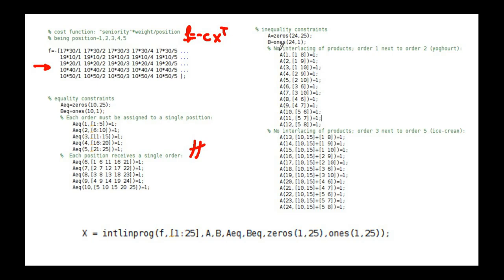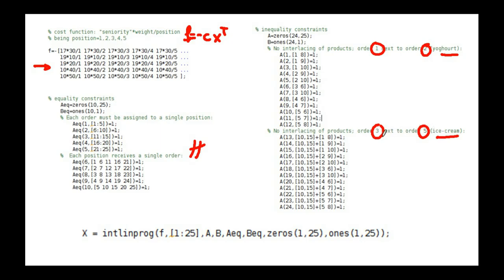And then the no interlacing of products, or the 1 next to 2, because they are yogurt, and then no interlacing of products, or the 3 next to order 5, because they are ice cream.